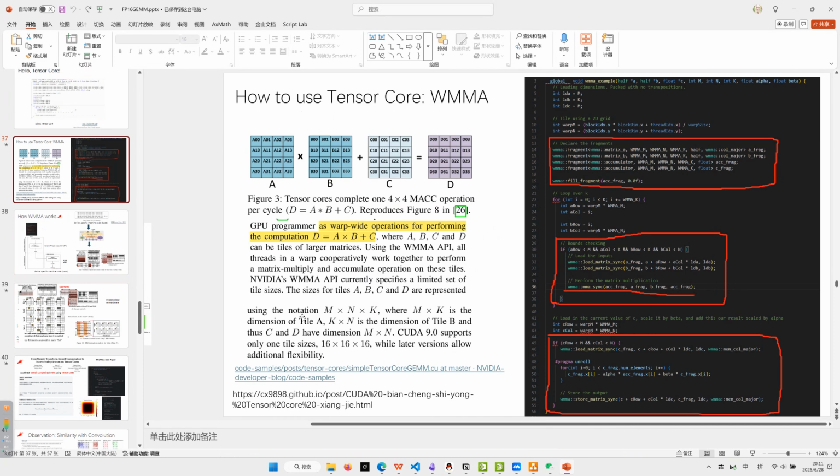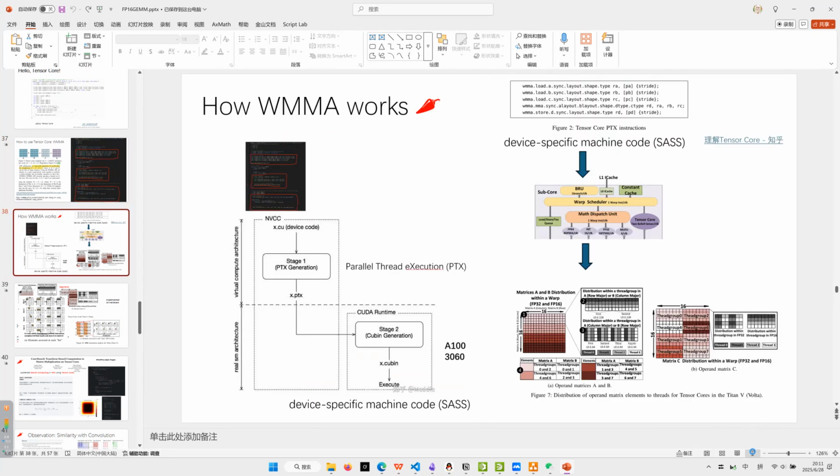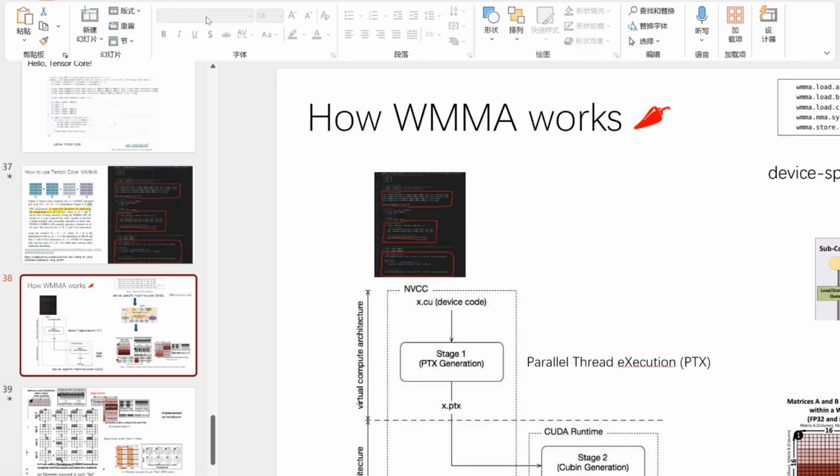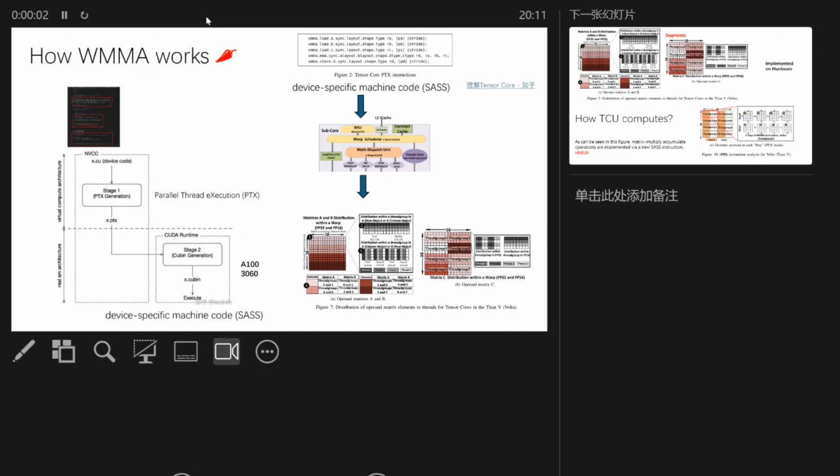And here I have just introduced it before. Also, I will introduce how CUDA code and WMMA code work. After writing your CUDA, it is compiled using NVCC into an IR code called parallel thread execution code, the PTX code.